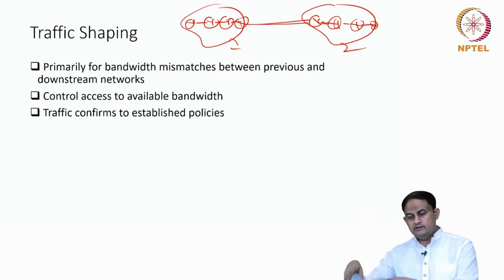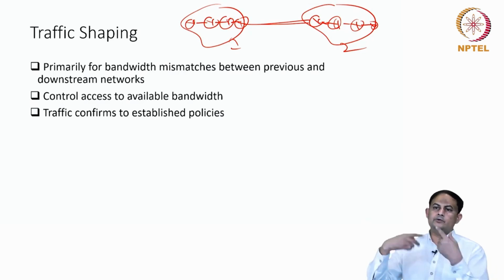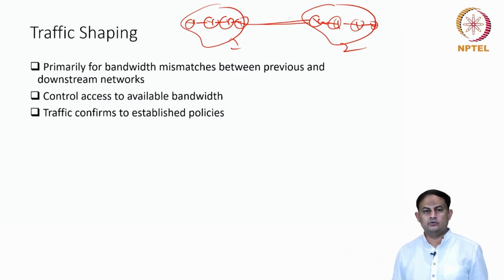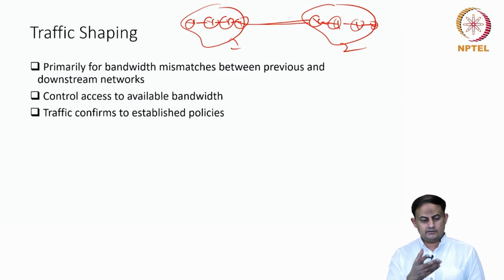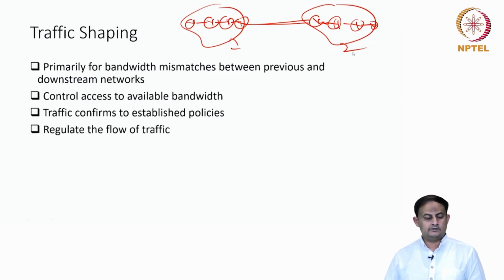Otherwise, the other network is anyway doing the policing operation, but when you yourself transmit to the other network, you do not want to violate that agreed upon rate. That is where shaping is used: you want to regulate your own traffic flow entering the other network.